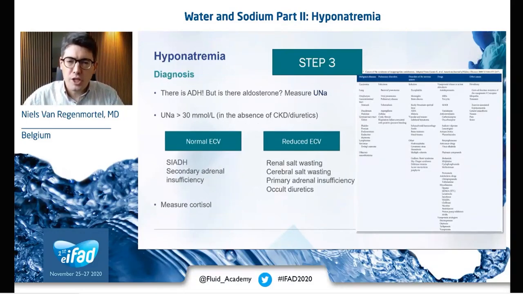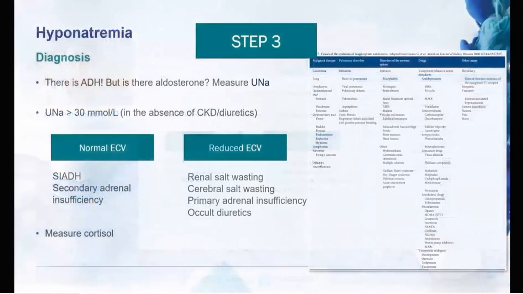There is another situation where urinary sodium is not low but high, so there is no aldosterone present, so there is no true measured hypovolemia. So now there is a problem of the presence of antidiuretic hormone, but in the absence of it needing to be there.